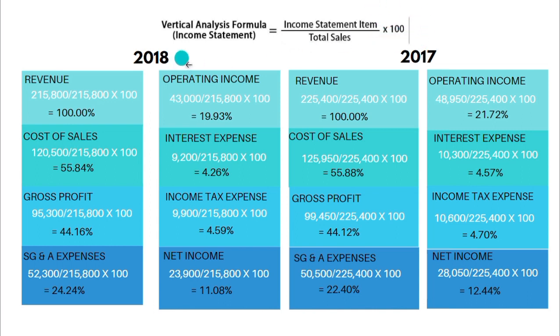So sa 2018 muna tayo, kunin muna natin yung vertical analysis percentage ng 2018. Sa revenue, merong 215,800 divided by 215,800 times 100 is equals to 100%. Revenue is katulad din siya ng sales. So, sa cost of sales, merong 120,500 na cost of sales divided by 215,800 na revenue times 100 is equals to 55.84%.